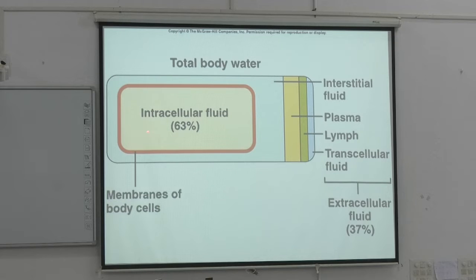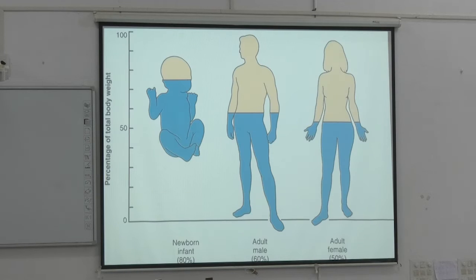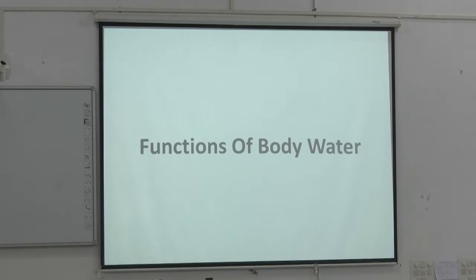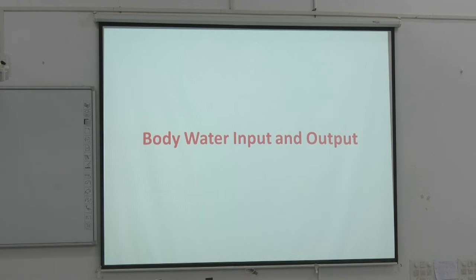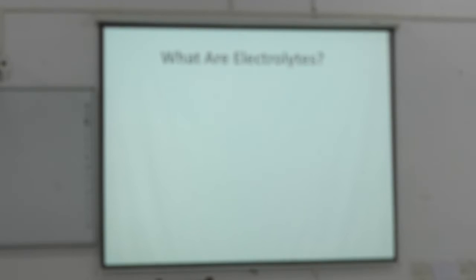Proper balancing of salt inside the cell and in the interstitial fluid. And all the major clinical problems are associated with it. We already discussed how the body maintains the water electrolyte balance.